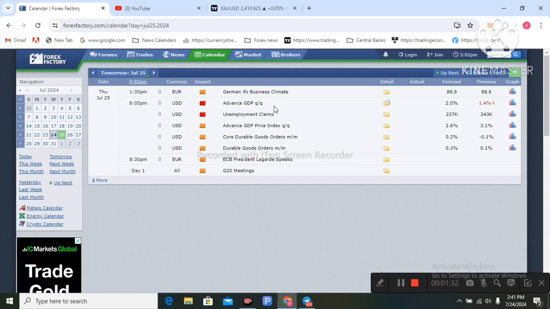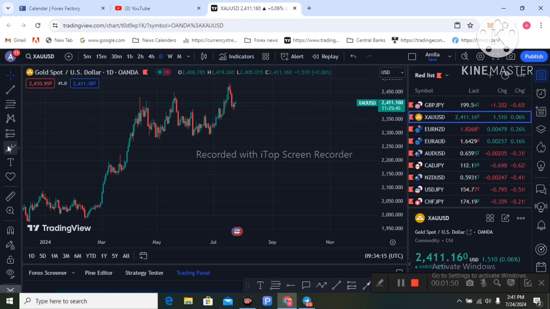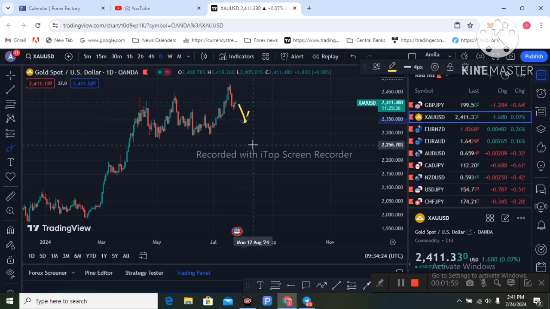If the GDP quarterly report increases to 2% or above, the 2% is already priced into the market sentiment. So if the actual figure is 2% or above, that will help dollar demand, and that will help gold drop from this level to the below side. That's the first option with the GDP report.